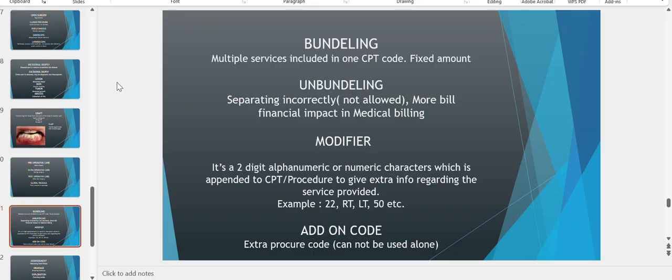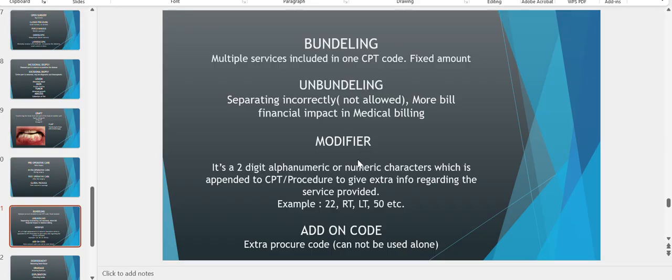Unbundling means separating them incorrectly, which is not allowed, so more is billed. The financial impact in medical billing is that insurance will not pay that claim. Denial will come.